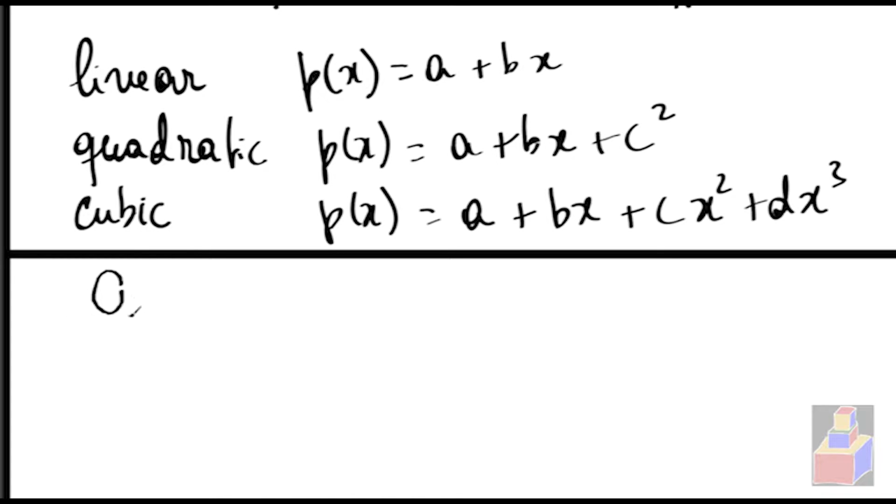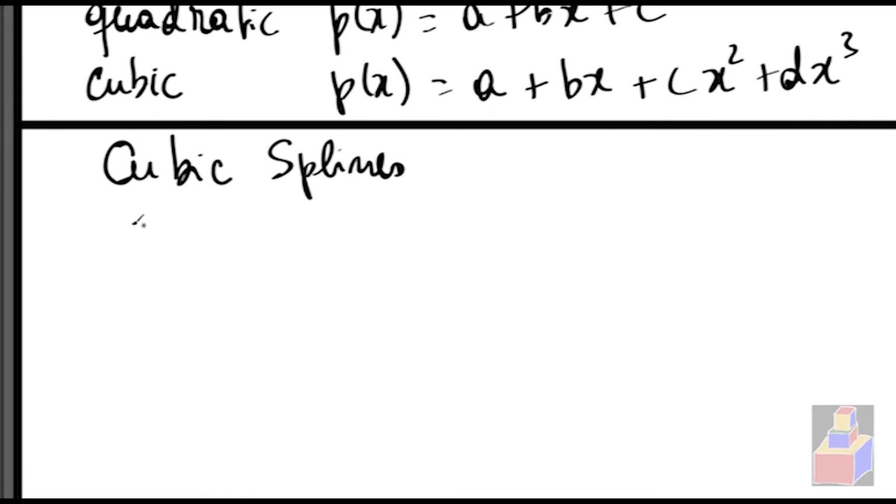Let's talk about cubic splines. Let's consider that we have a set of data points. We are going to show how to solve the problem for a single variable function.